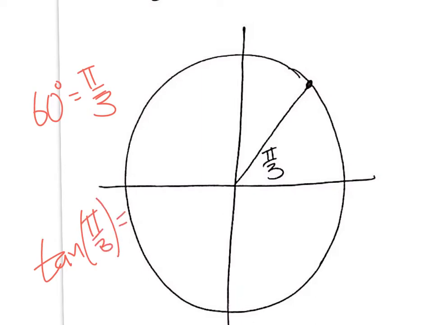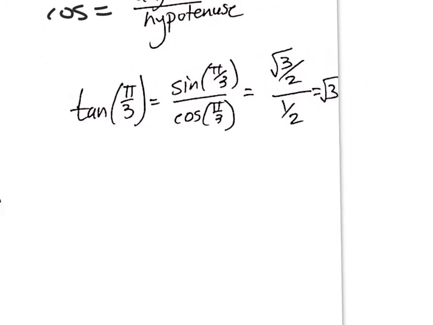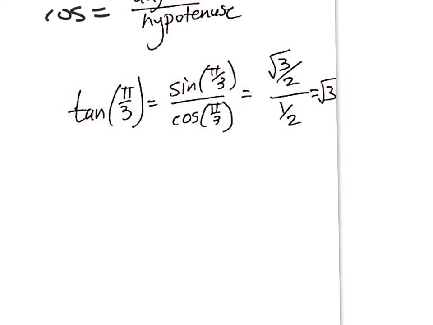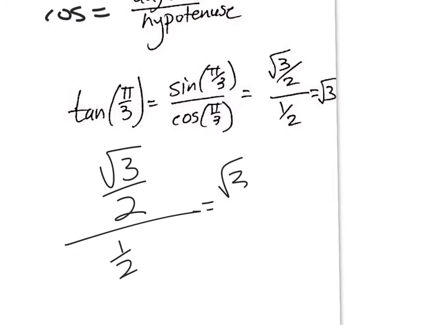You go through the thinking you already did, where this is 30, 60, 90, so 1/2, root 3 over 2, and what we would end up with is that the tangent of pi over 3 is equal to the sine of pi over 3 divided by the cosine of pi over 3. Sine is root 3 over 2, cosine is 1/2, and root 3 over 2 divided by 1/2 is the same as root 3 over 2 times 2 over 1. These cancel and we get square root 3.